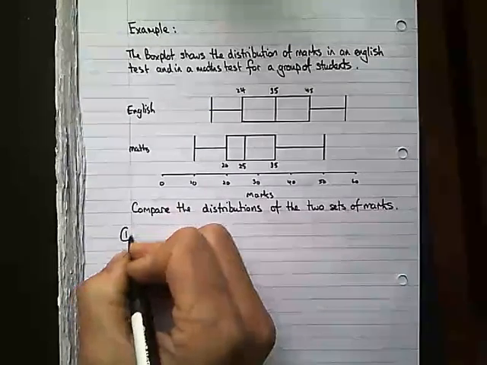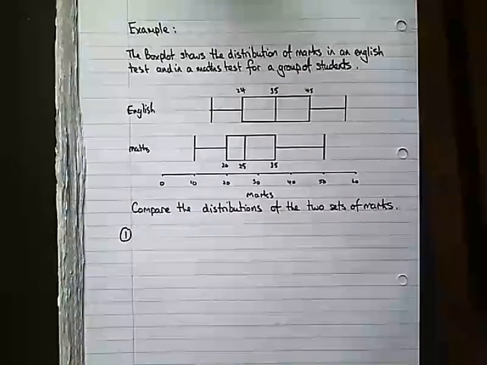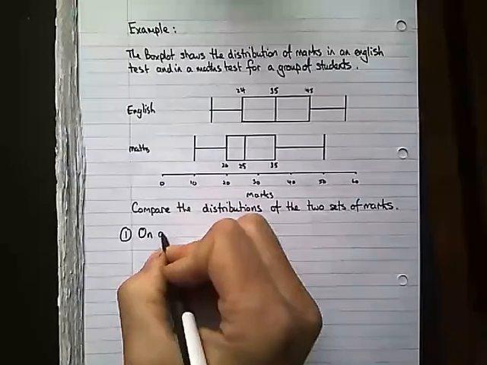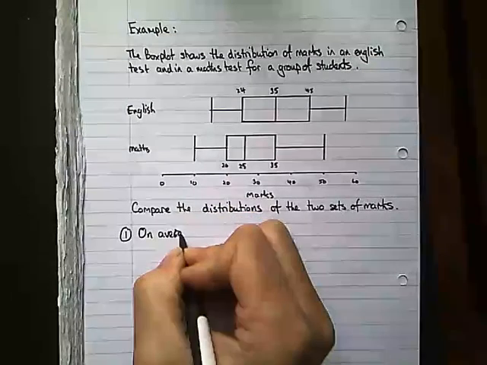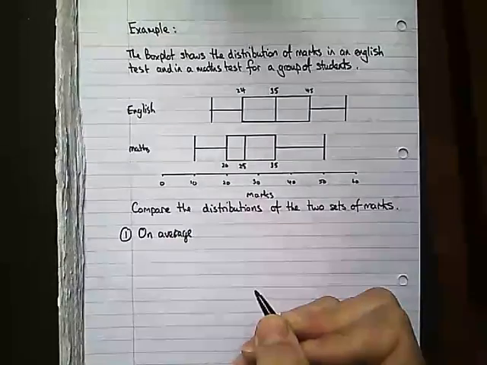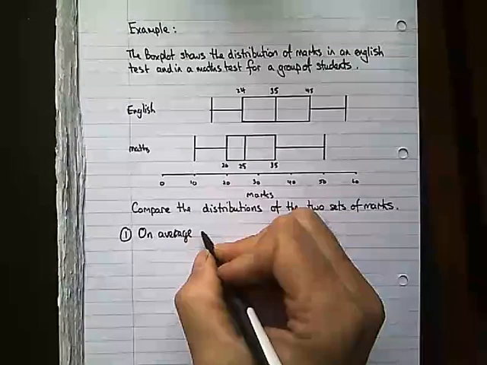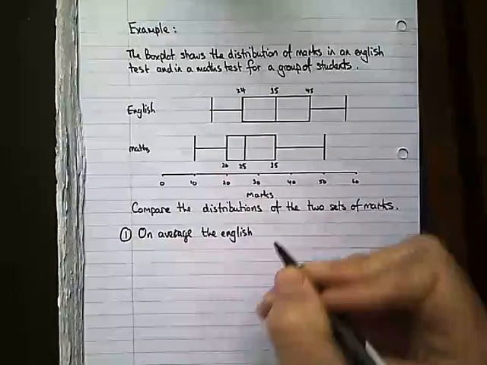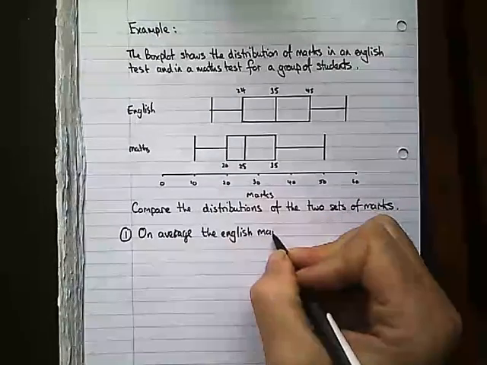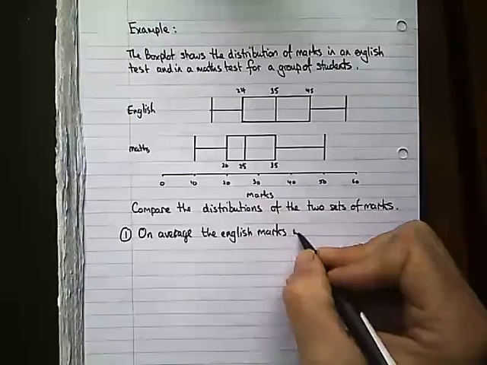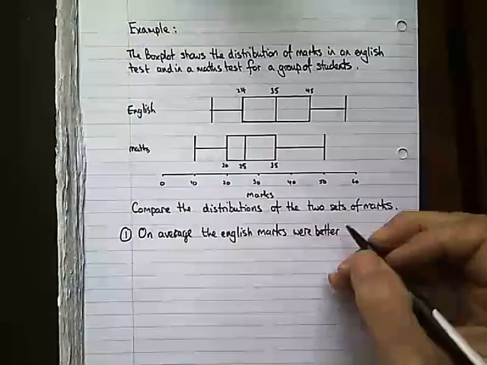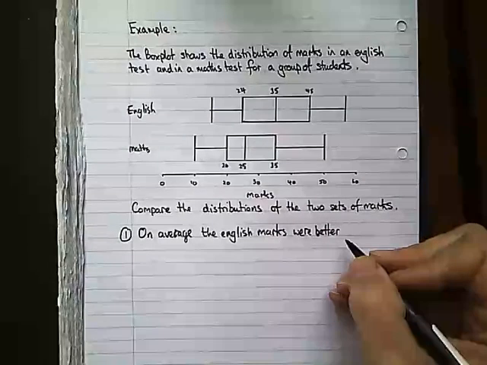And this is how I recommend you write it. Always start by saying on average, because then it's clear you're using an average. Okay, so on average, the English marks were better. And I would always put the numbers down.